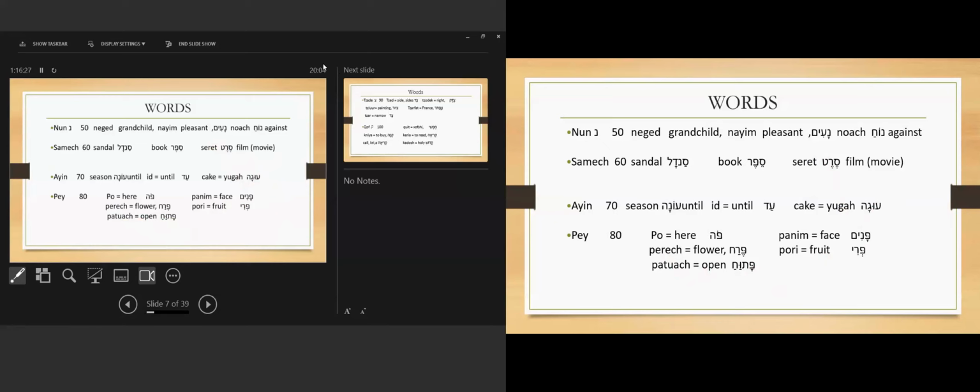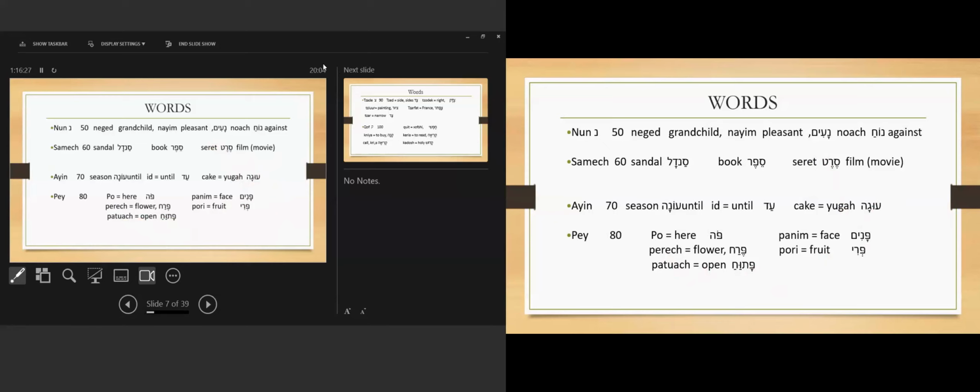And it is n, a, y, and 2 dots, e, m, the end square m, naim, pleasant. You got that? It is pleasant to play with my neged. It is naim, pleasant, to play with my neged. Naim.